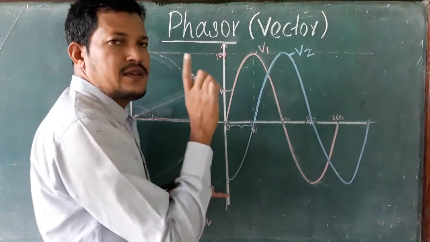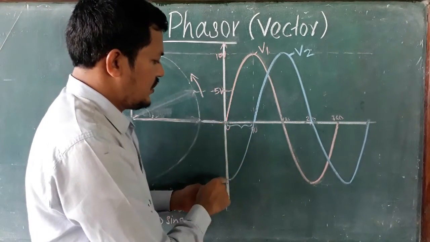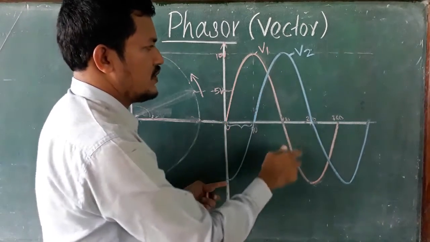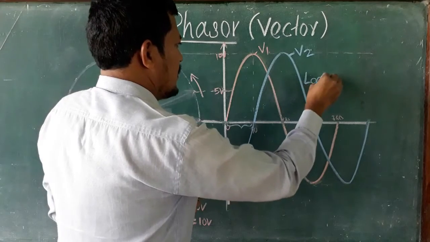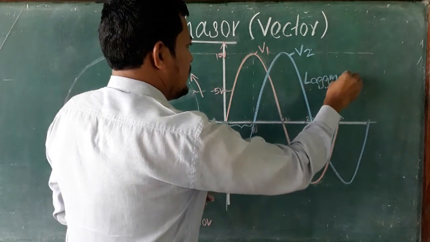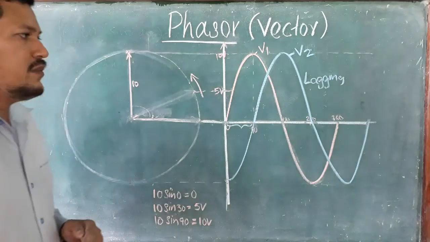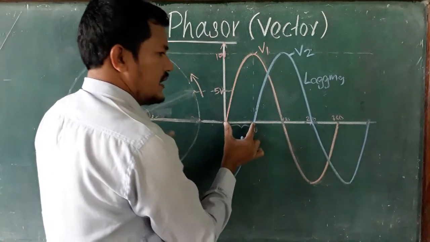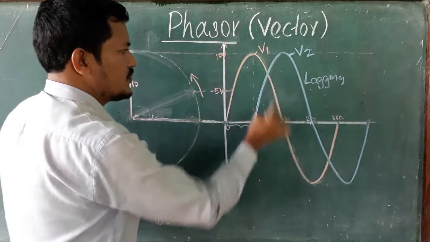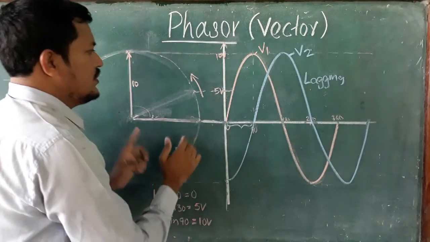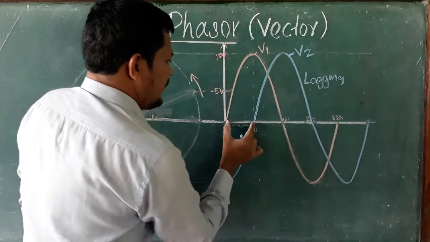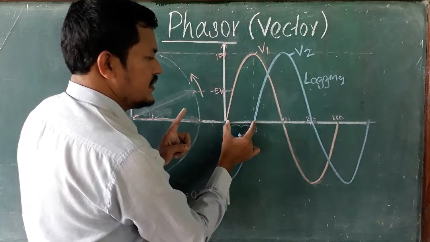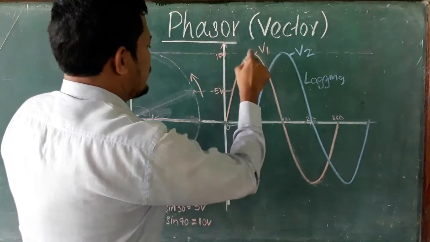Whenever a waveform starts below the x-axis with respect to the reference waveform, that waveform is always called the lagging waveform. As we discussed earlier, I am reminding you once again: the second one is lagging, by 90 degrees behind the first one. Clear? Just remember, the second waveform is lagging the first by 90 degrees.